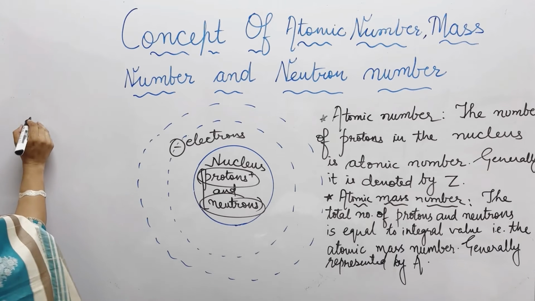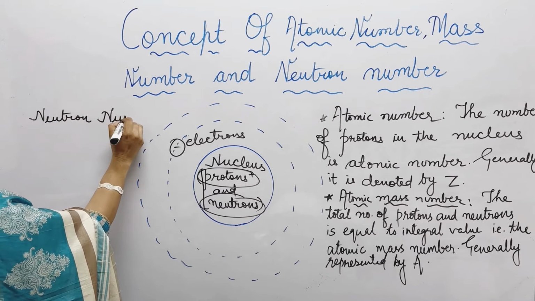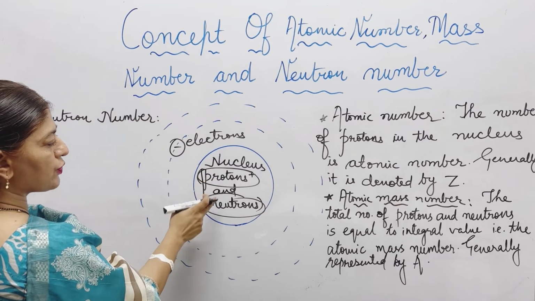Next is about the neutron number. We know that the nucleus contains protons and neutrons.